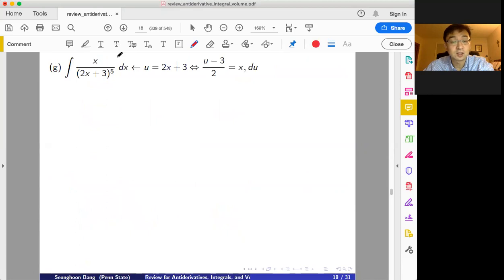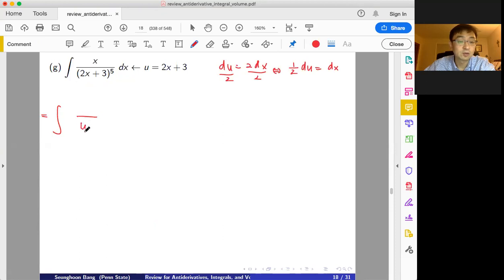So what's the du? du is (2x plus 3) prime, which is 2 dx, divided by 2. So we have 1 over 2 du equals dx.